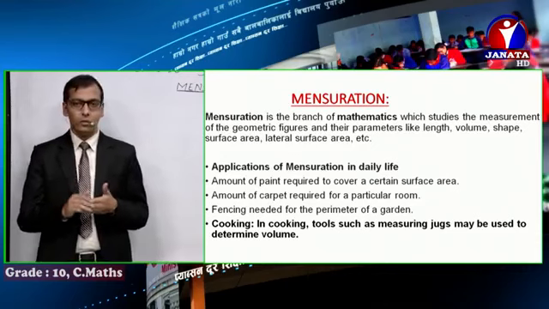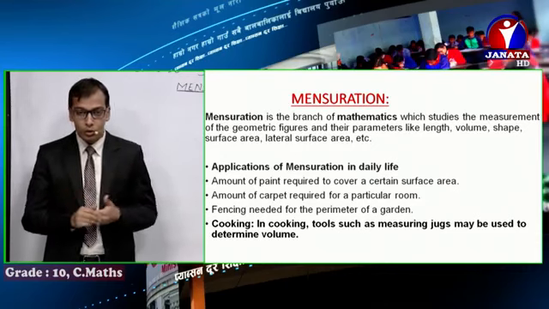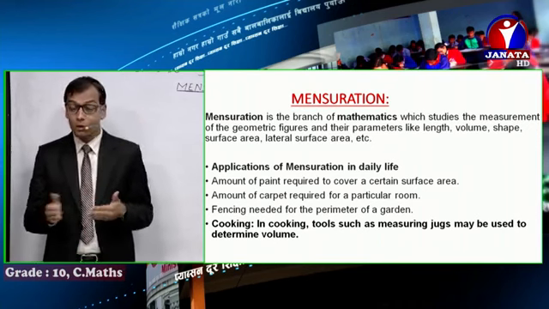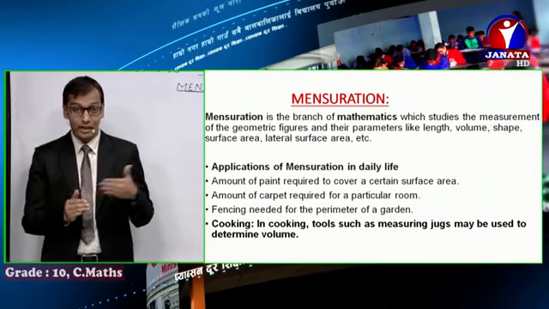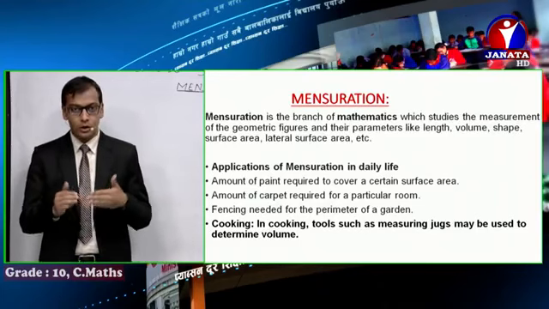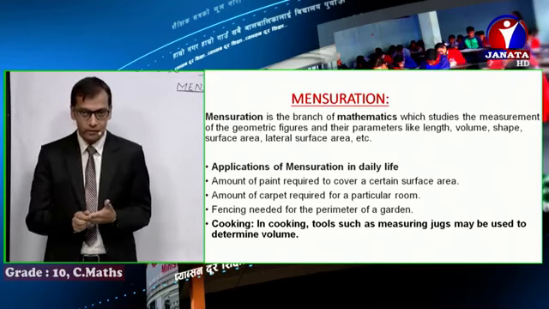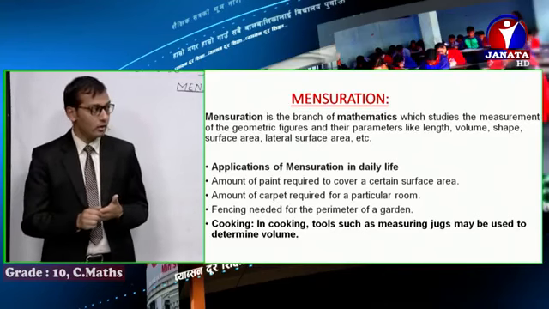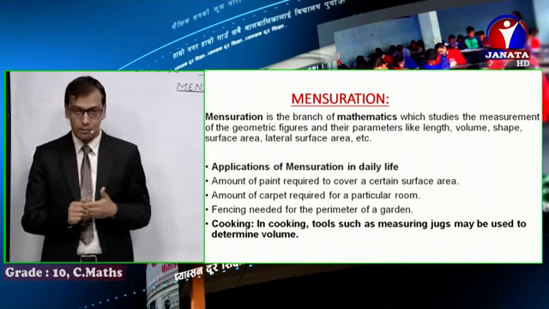Similarly, if we are constructing a house, we should know the area of the foundation. For that, we require length and breadth. So these are the common examples that we can see in our everyday life. There are many examples we can read here in the slide.